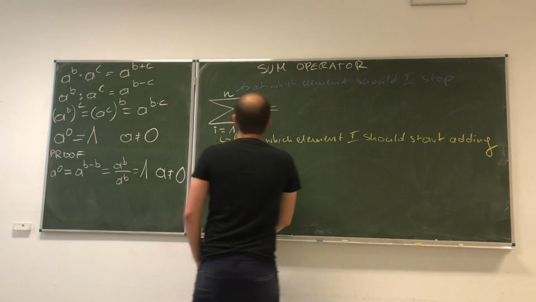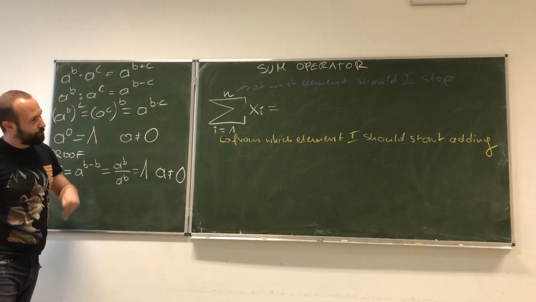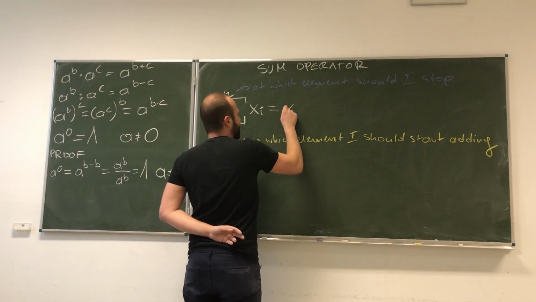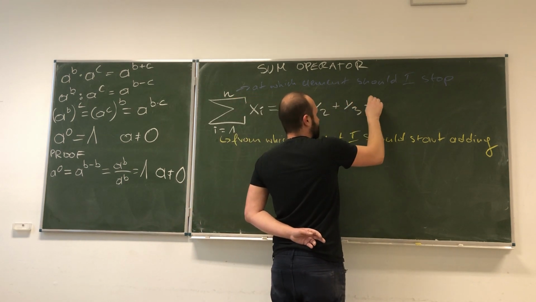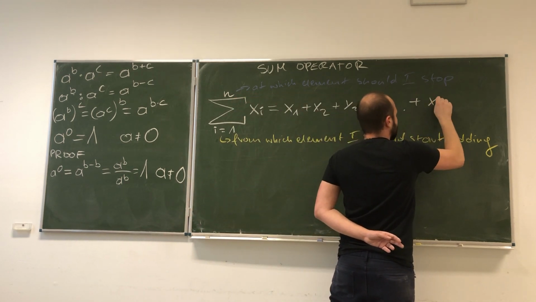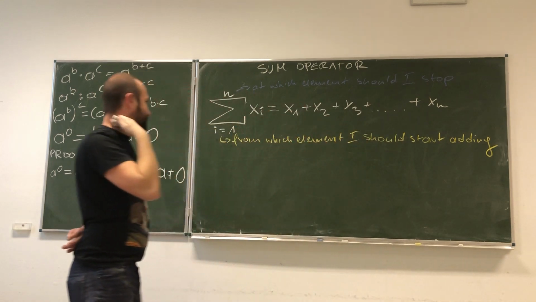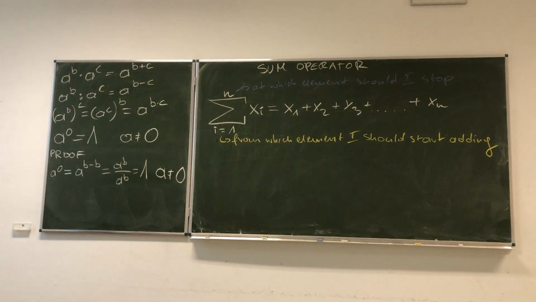So, look, as this is a sum operator, we should add x1 plus x2 plus x3 and so forth until element xn. Okay, let me show you this with an example.